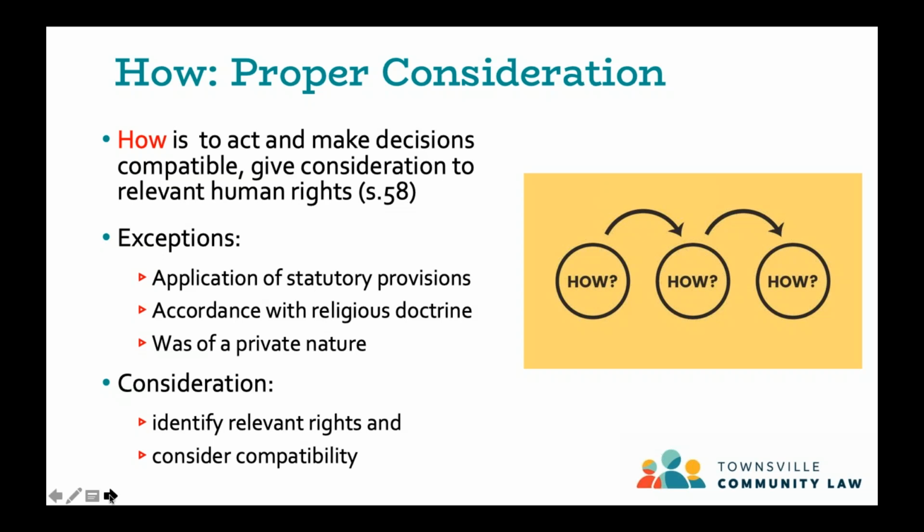The how must, however, consider relevant rights and consider compatibility. So the public entity must identify relevant rights and consider compatibility if there's no exception. So the lion's share of decisions made by public entities are required to identify relevant rights and consider compatibility.